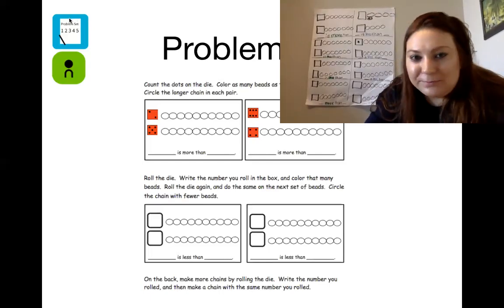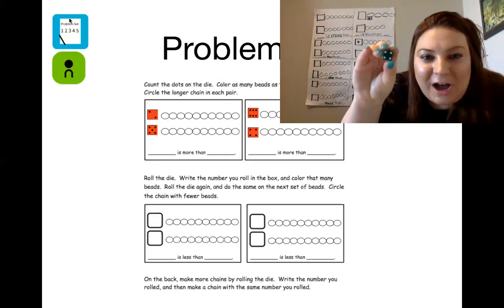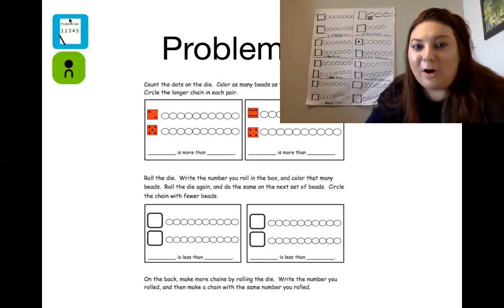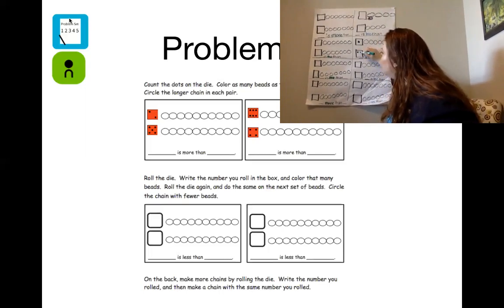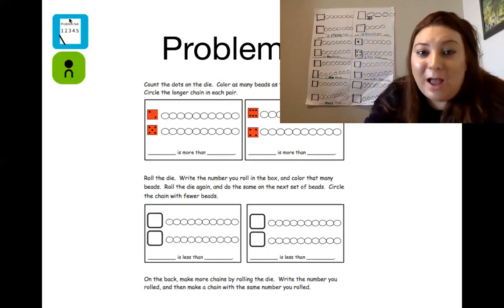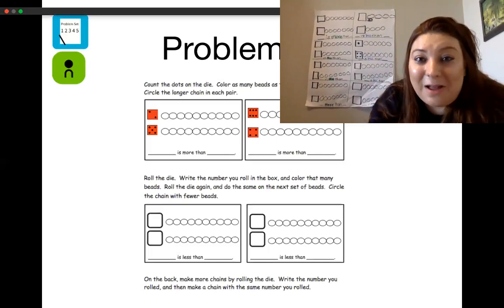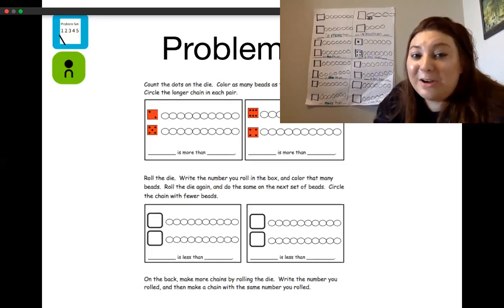Rolling the dice. This time she got 4. So I'm going to draw 4 on my dice. 1, 2, 3, and 4. All right, scholars. Now I need to color in the beads that match my number.